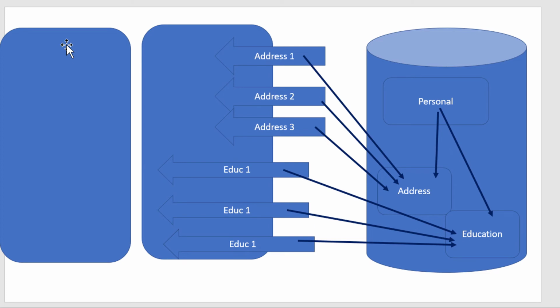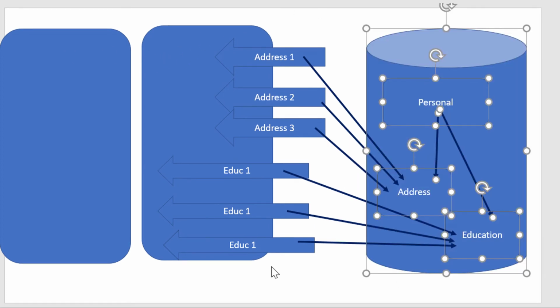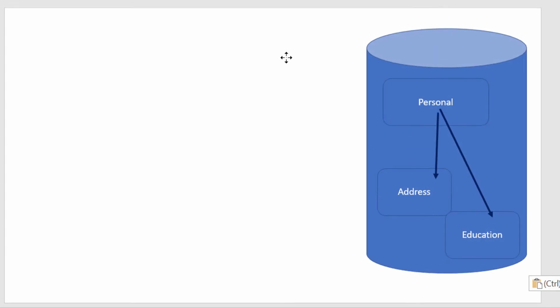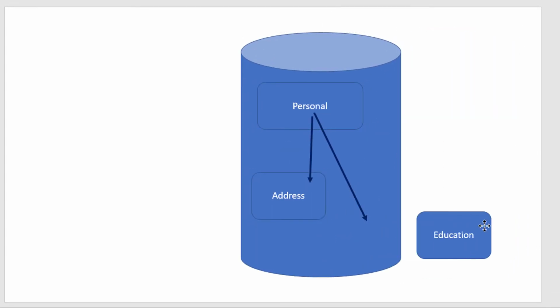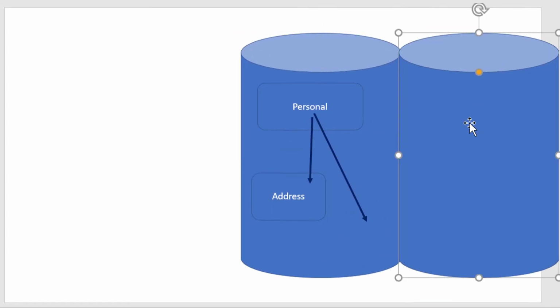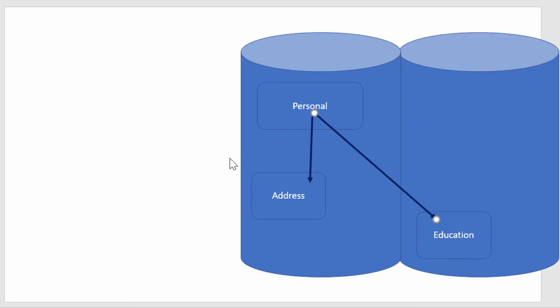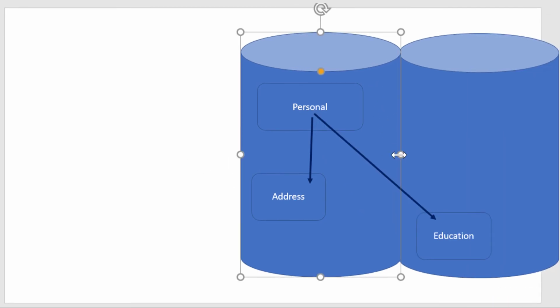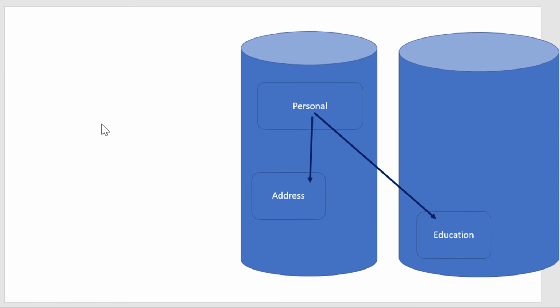But if the data is distributed across different systems, say the education is stored in another, physically distributed database, the join has to happen through the network, and that's going to be very ineffective. To display the record, it has to do the join across the network.